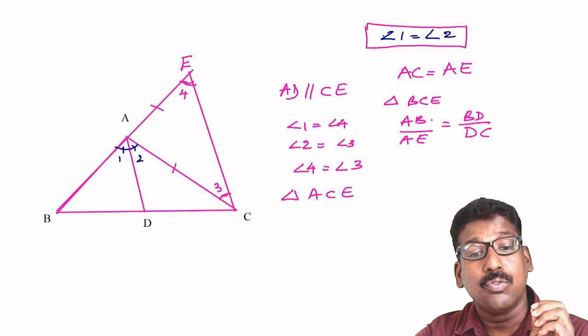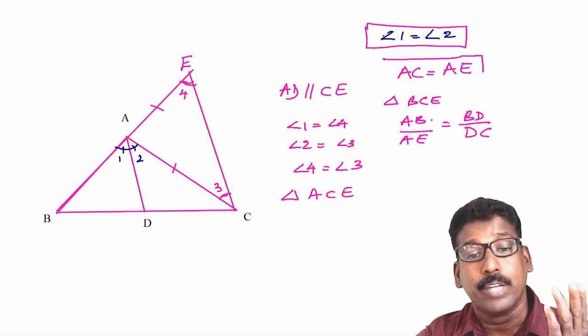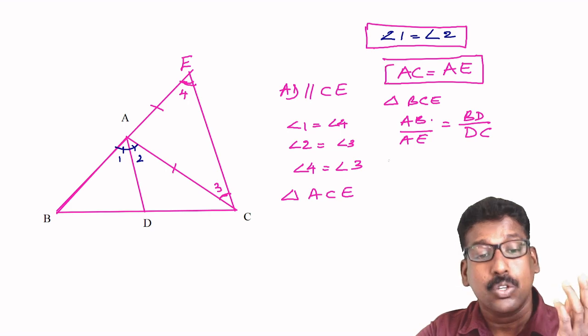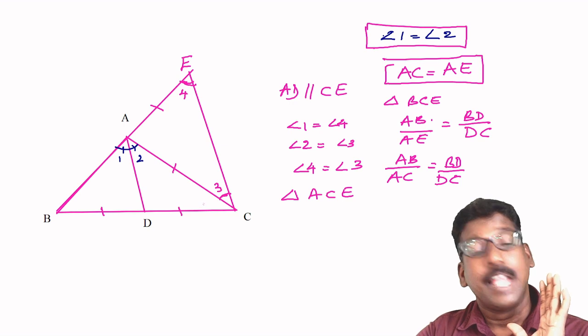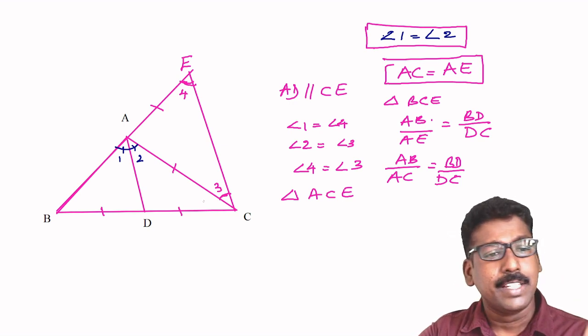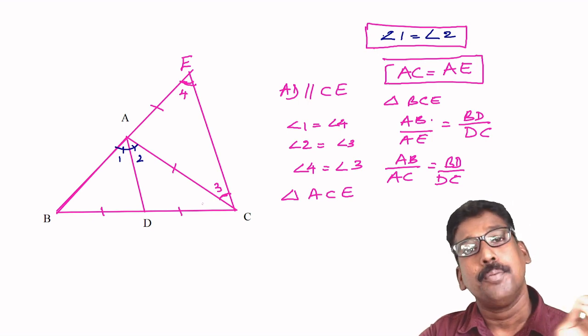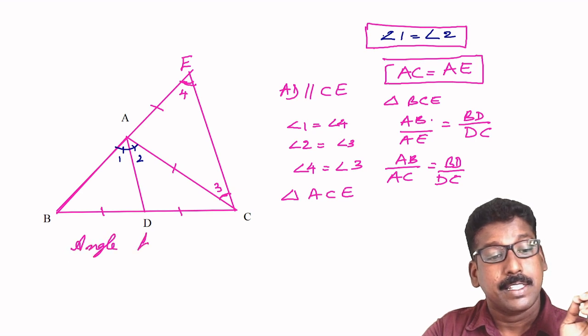Now instead of AE you can write AC, since we proved AC is equal to AE. So you can write AB by AC is equal to BD by DC. So if an angle bisector is given, then for any triangle you can write AB by AC is equal to BD by DC. This property we can call the angle bisector theorem.